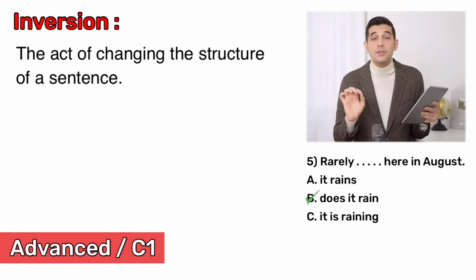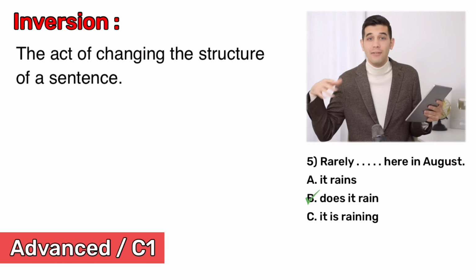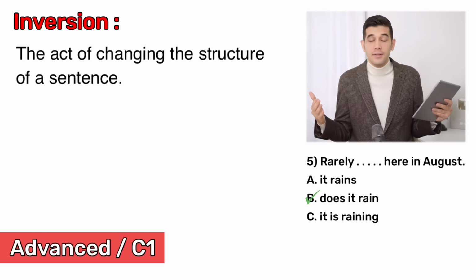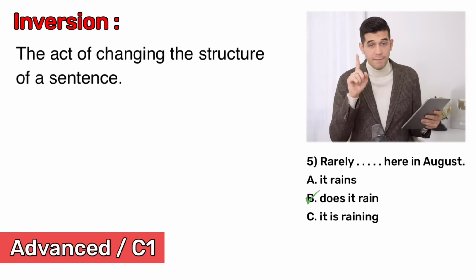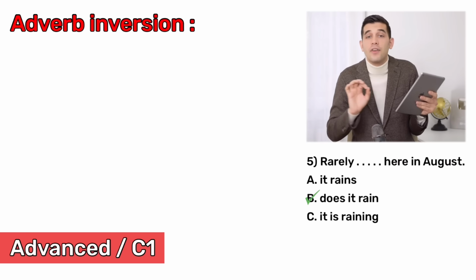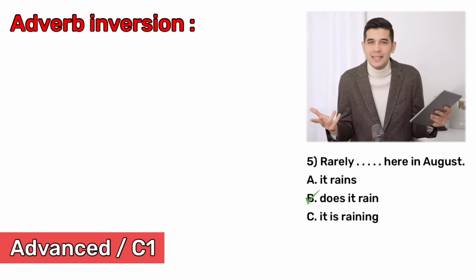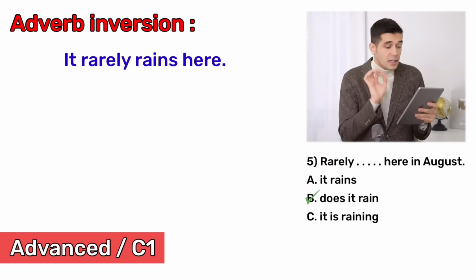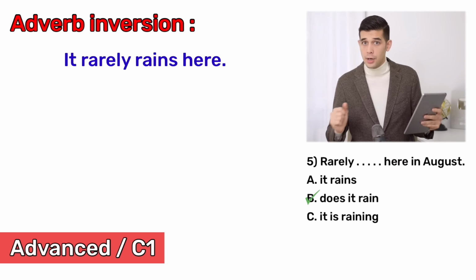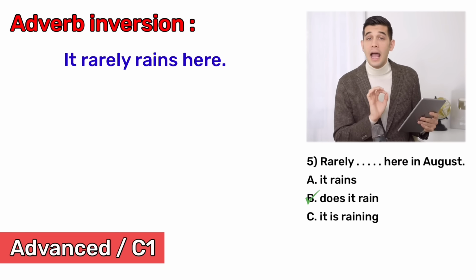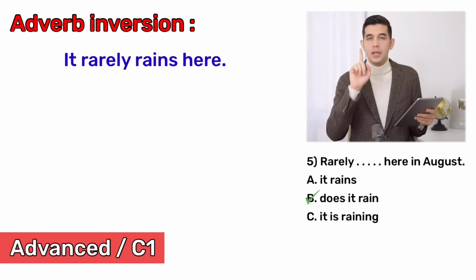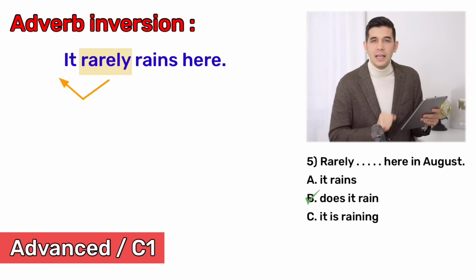What is inversion? Inversion is the act of changing the structure of a sentence. Now, there are many different kinds of inversions, but a very common one is an adverb inversion. But how do you do it? Look at this sentence. It rarely rains here. If you want to make an adverb inversion to this sentence, put the adverb at the beginning of the sentence.